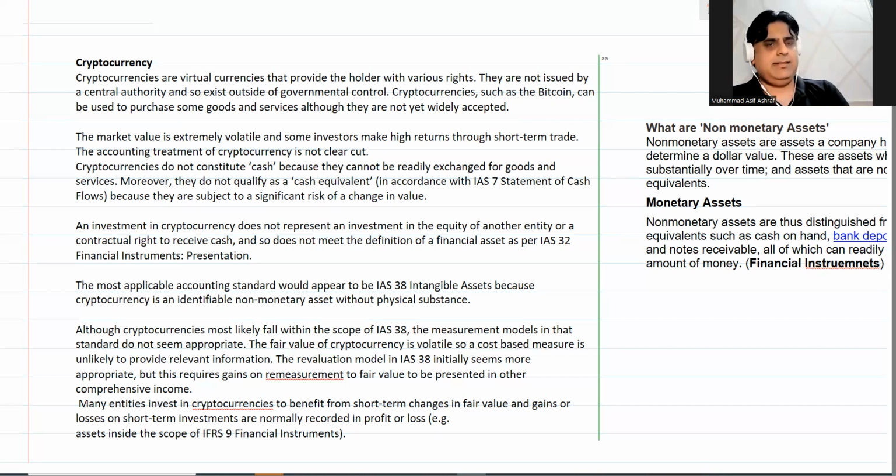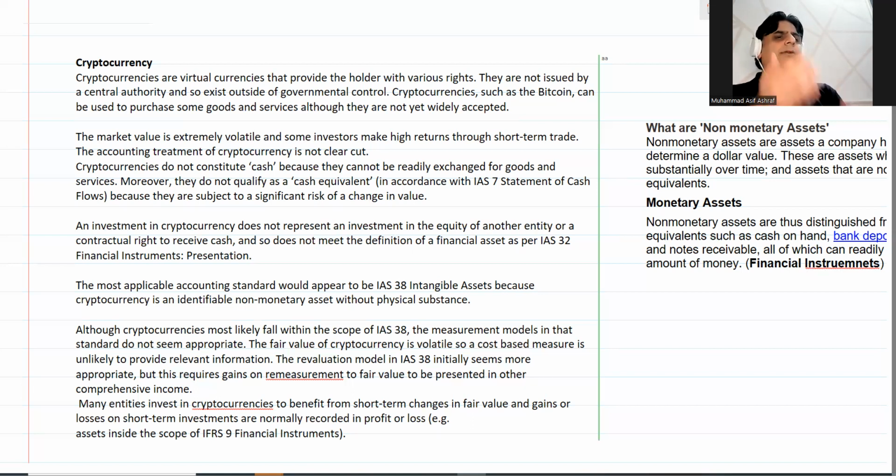But the problem is that under IAS 38, revaluation gains are reportable in other comprehensive income. Now this is the contradiction. The majority of the fluctuation in fair values is in the short term, and short-term gains or losses on investments are mainly dealt with under IFRS 9 financial instruments. So there is still a gap here.